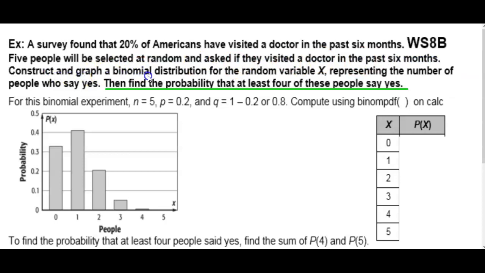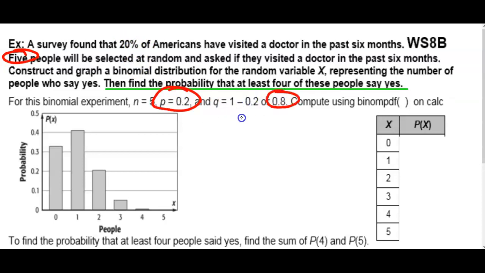And then we're going to make a probability distribution for the fact that 0 people say they went, 1 person says they went, 2 people, etc. So we are asking 5 people. So we could have nobody went, 1 went, 2 went, 3 went, 4 went, or 5 went. The probability they say yes is 20%, so that's P. The probability they say no is 80%.